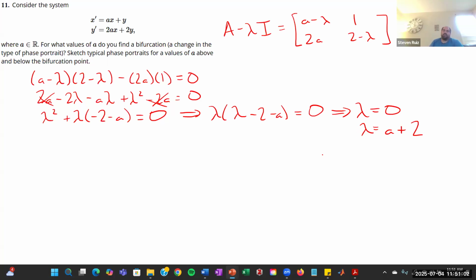The only thing that's going to cause that to be different is where a is equal to -2. Under the condition a equals -2, we have two eigenvalues which are coincident. Without getting into what the phase portraits look like, suffice to say those are going to be different. We'll talk in the next section about what specifically those differences are.